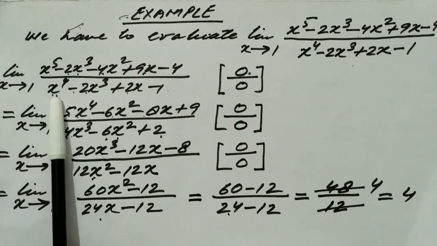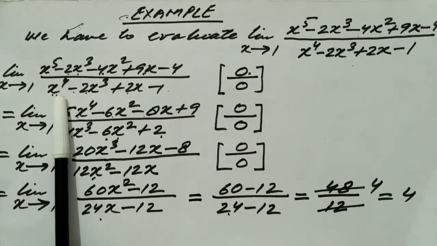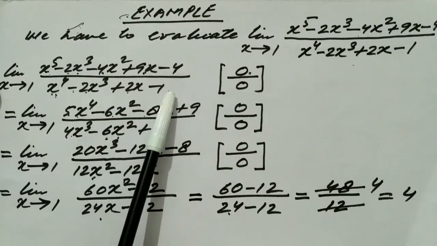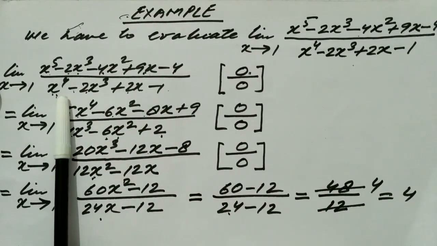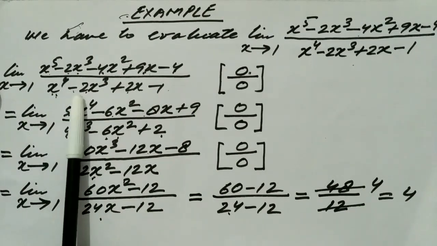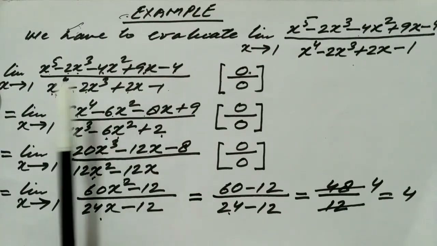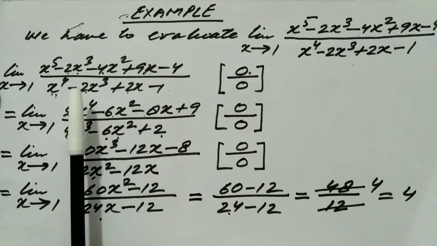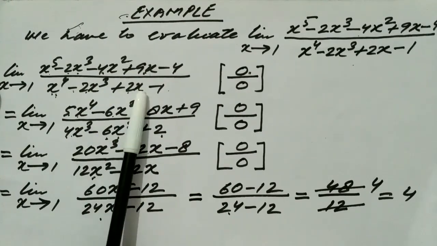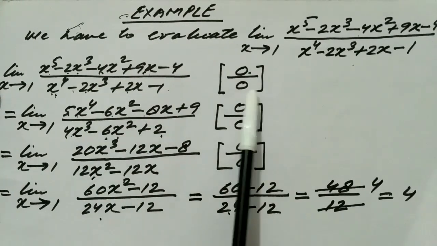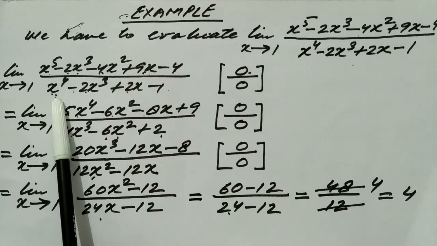And in the denominator we have x to the power 4 minus 2x cubed plus 2x minus 1. If we substitute x is equal to 1 here, we have 1 minus 2 plus 2 minus 1. So plus 1 minus 1 cancelled, minus 2 plus 2 cancelled, and we have 0. So ultimately we have the indeterminate form 0 upon 0 by direct application of the limit.